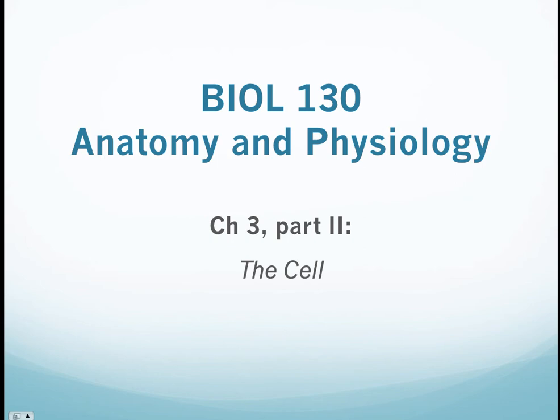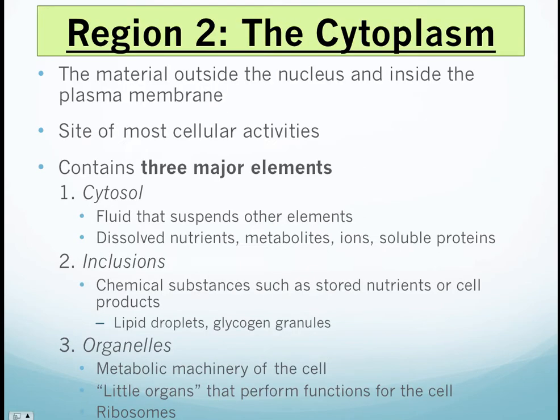In this video lecture, we're going to go over the second part of chapter 3 in the cell, and we're going to start off by looking at organelles. Okay, so let's do a quick review. Cytosol being all that fluid component of our cytoplasm. Inclusions being our vacuoles or stored nutrients, so we can have lipid droplets or glycogen granules.